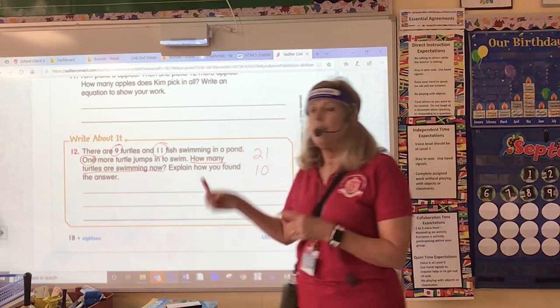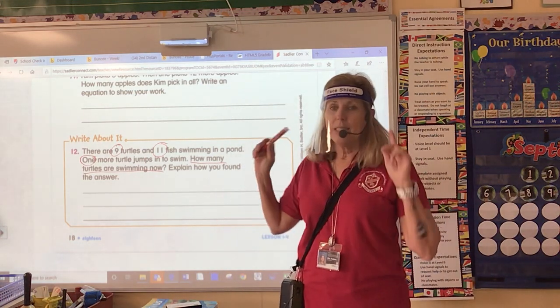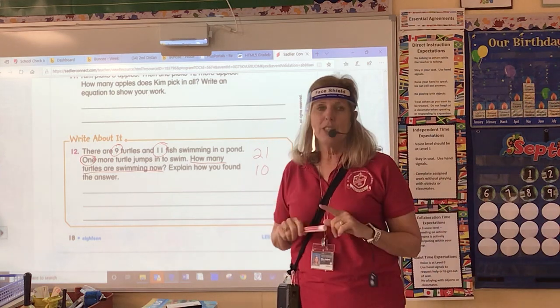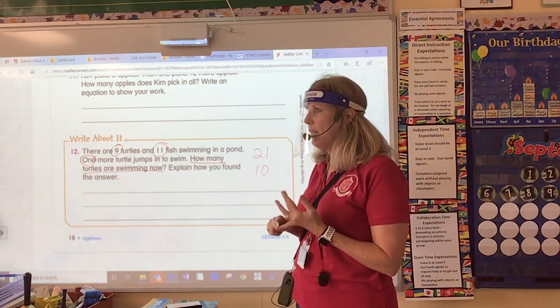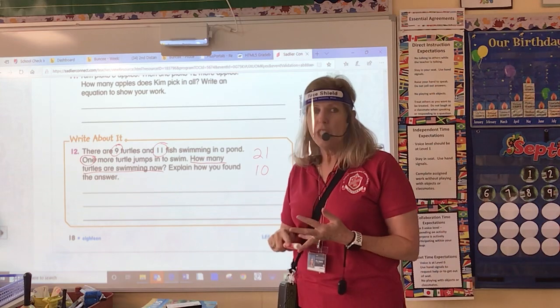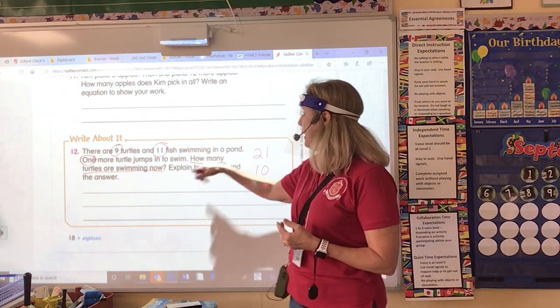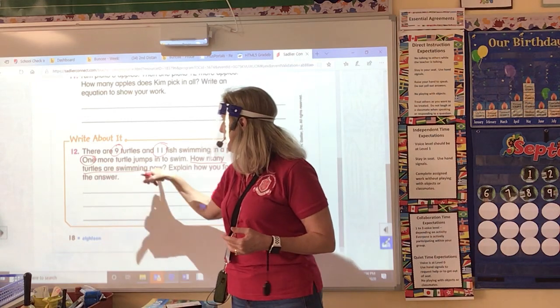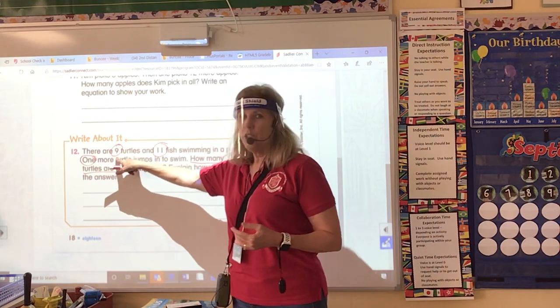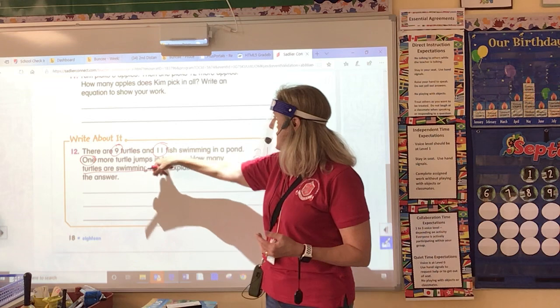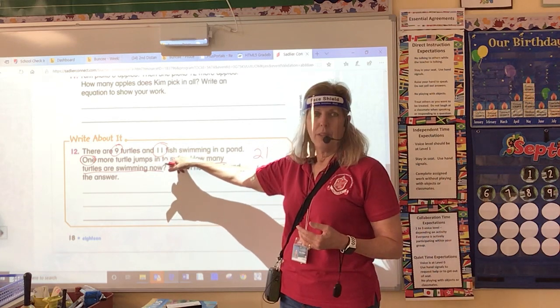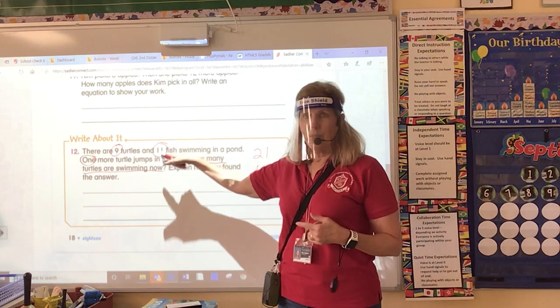Okay, so let's look at this again. See, this is why we really got to pay attention to what our problem is saying and what the question is asking us. So the question asks, how many turtles are swimming now? We have 9 turtles. We circled 11 fish. Do we need these 11 fish?